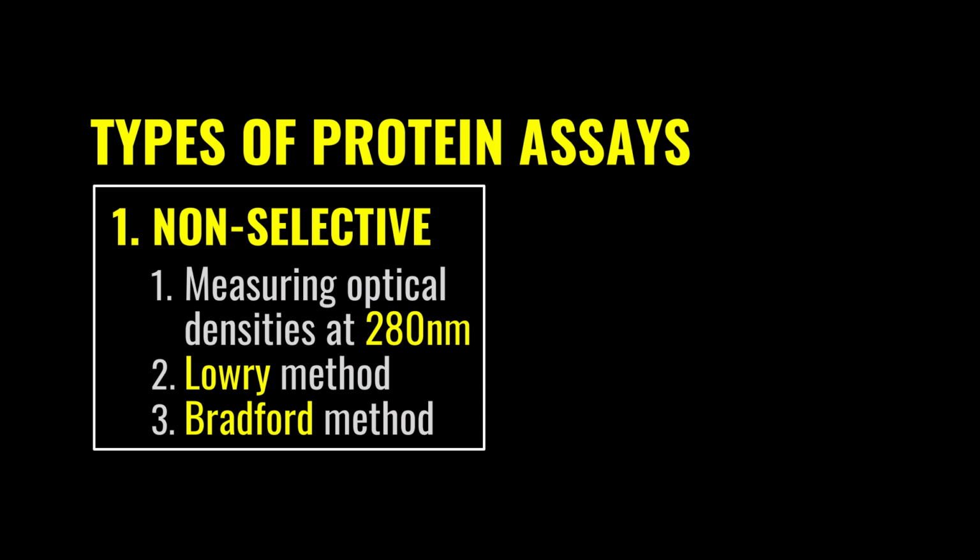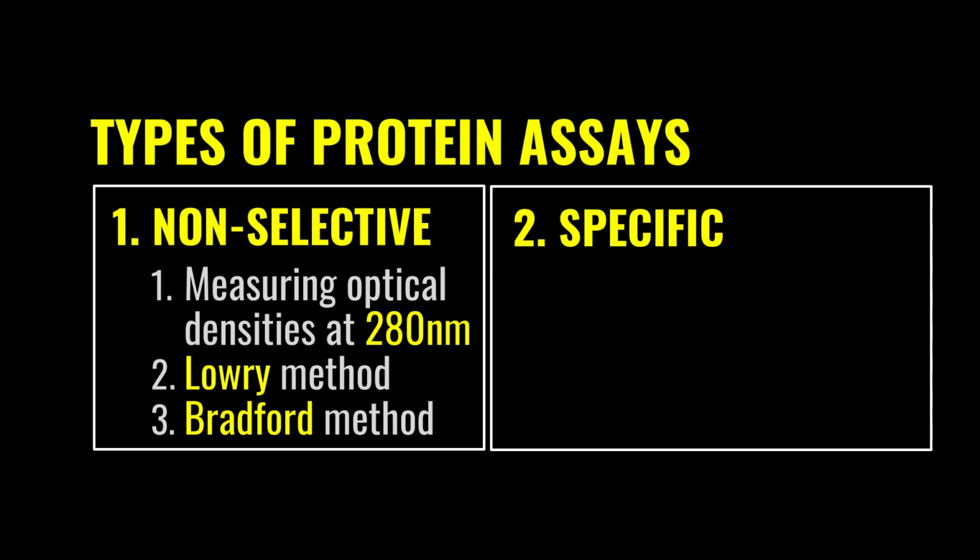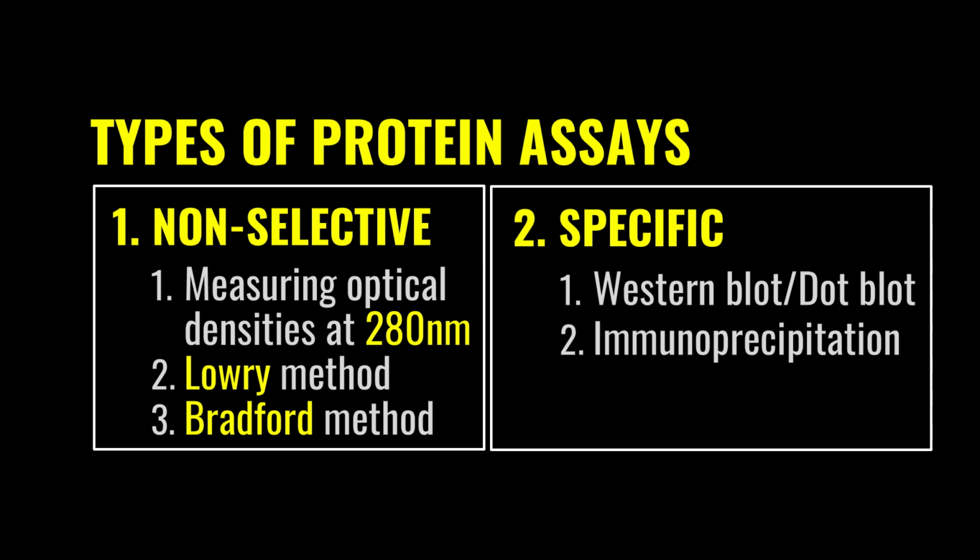The other group of tests are specific or protein selective tests, and these include Western blot analysis or ECL, dot blot, immunoprecipitation, or ELISA. You can use any of these.